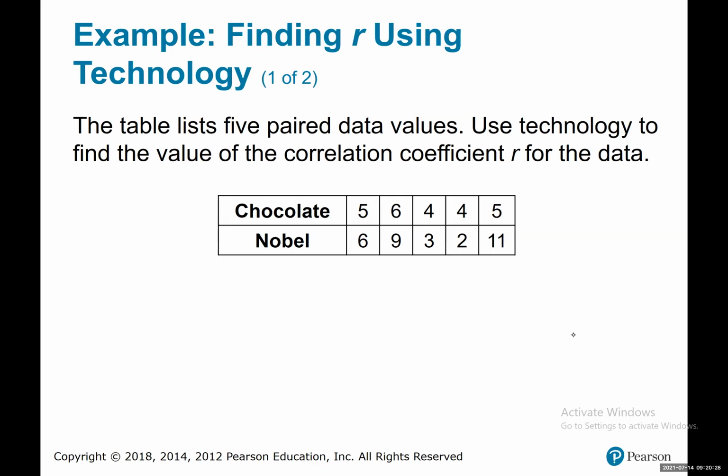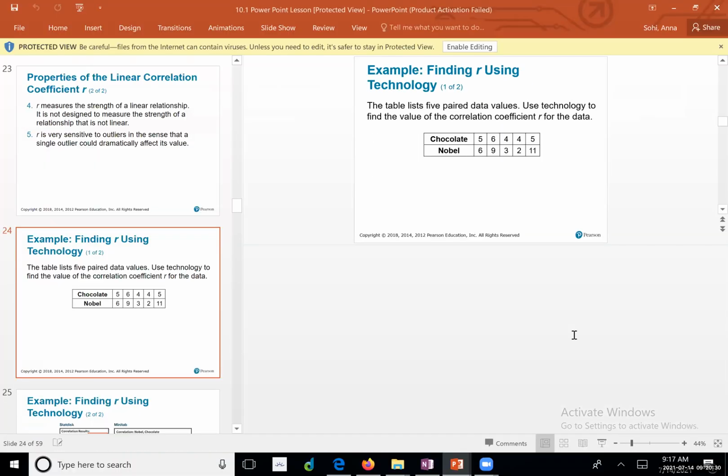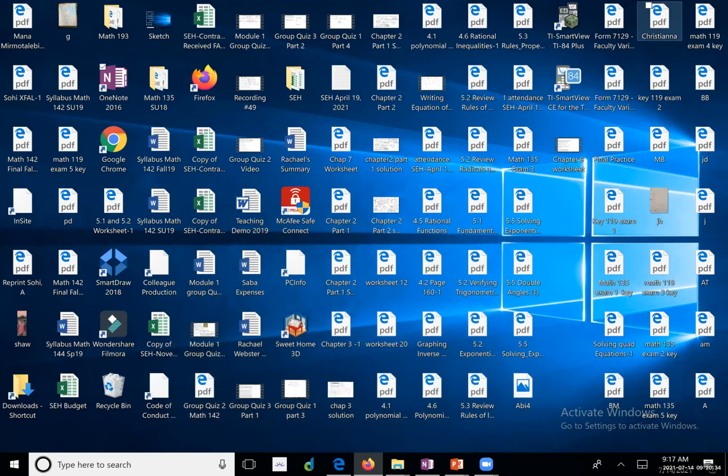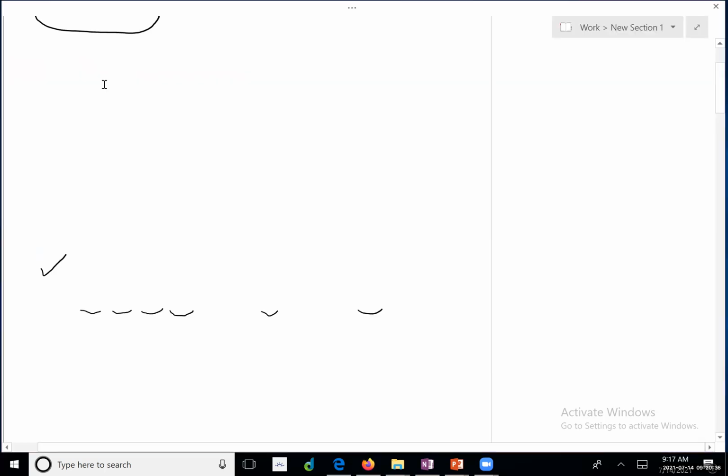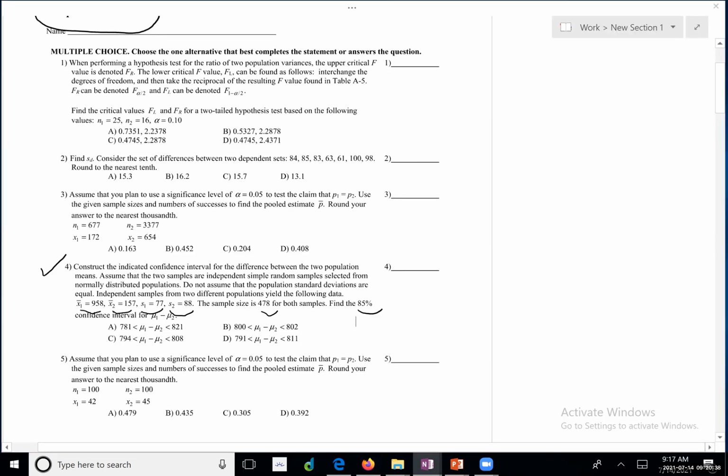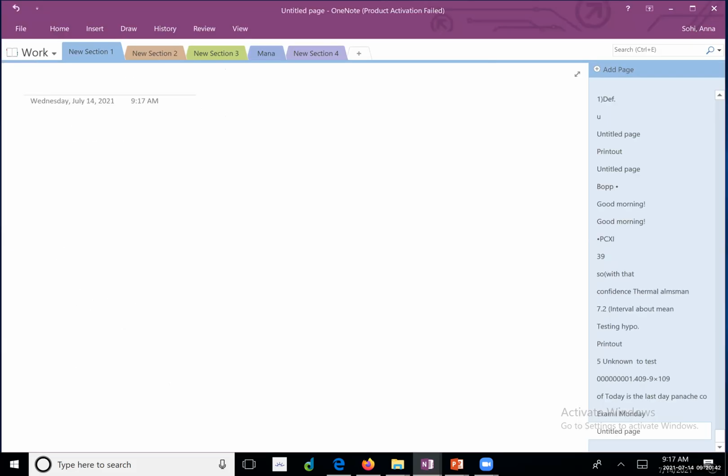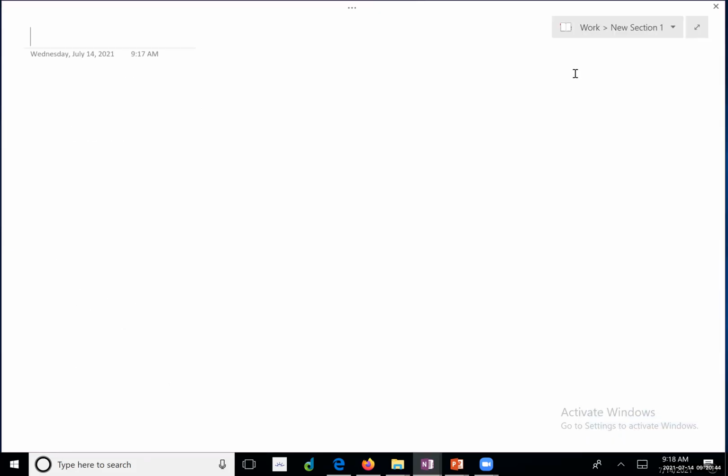Before we go to technology, I want to just know if you have an idea of the correlation coefficient. Let's just add a page here. Let's say I'm going to create r.